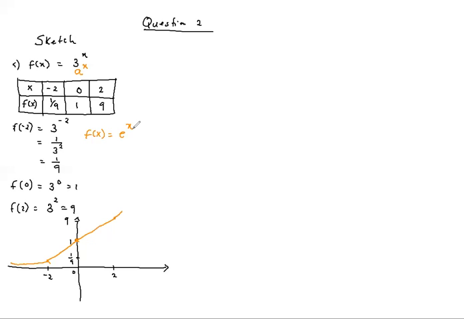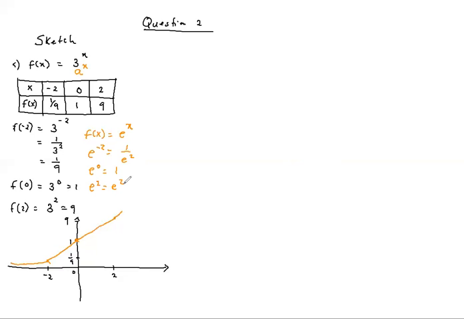If you used the same table, e to the power -2 gives you 1 over e squared, e to the power 0 gives you 1, and e to the power 2 gives you e squared. Because this number is positive, these numbers will fit in place of 1 over 9, 1, and 9. We just change their values and the graph will come out. So every time I see a positive base, I know my graph will come out like that for as long as the power is also positive.